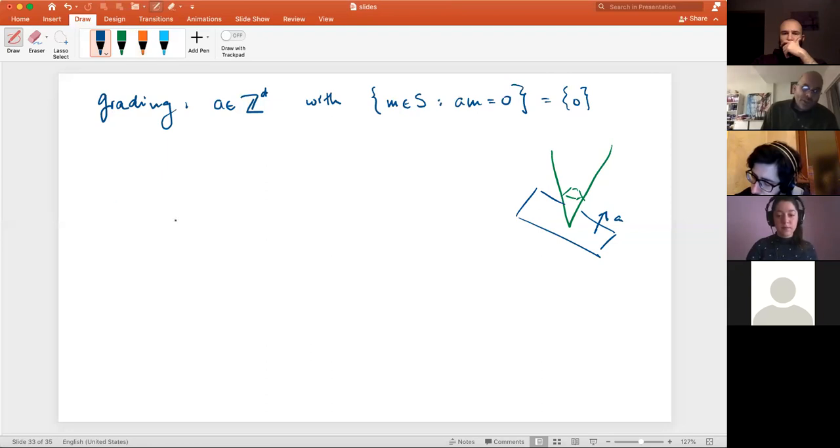Okay, and then once we have this, we can compute the Hilbert function with respect to this grading. Maybe let's call this H sub A.